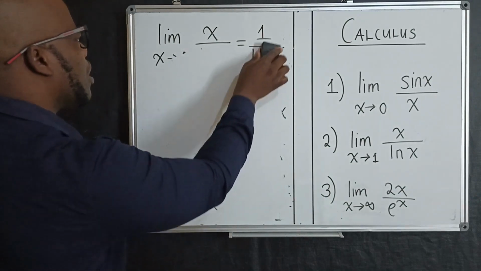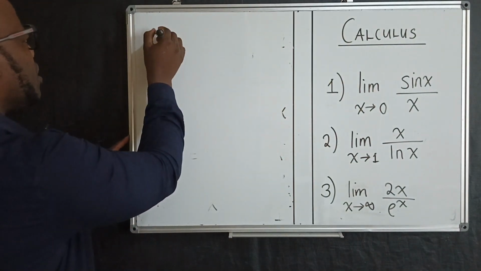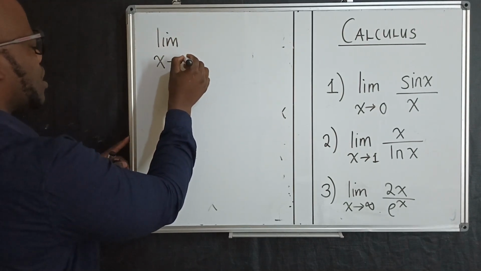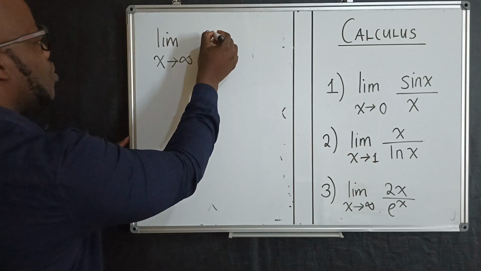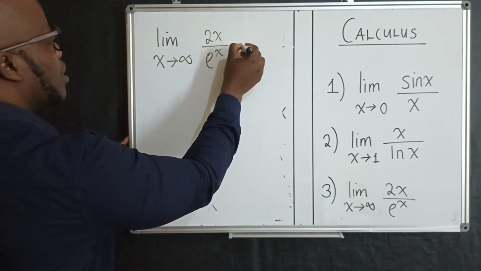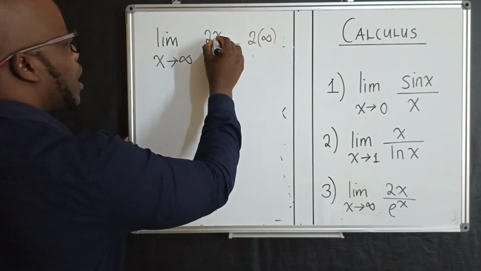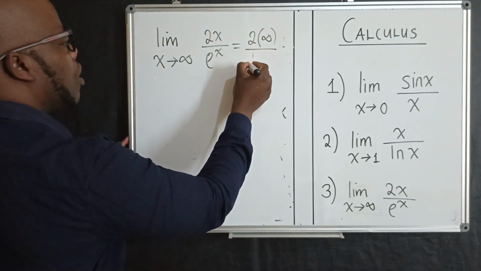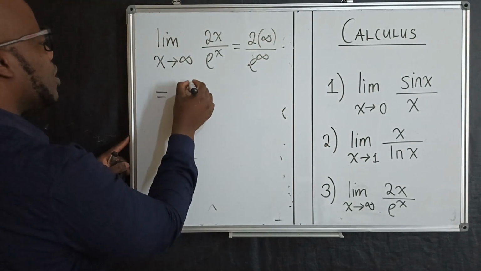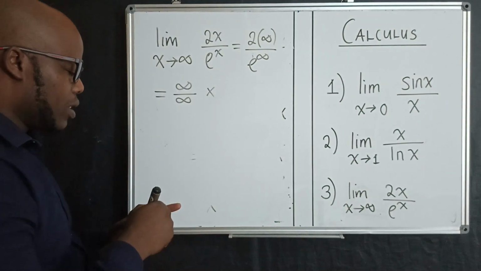Okay, so we now go to the last question, which is the limit as x approaches infinity of 2x over e power x. When you look nicely, we are multiplying 2 by infinity over e power infinity. This will give us infinity over infinity, and this is not what we want.